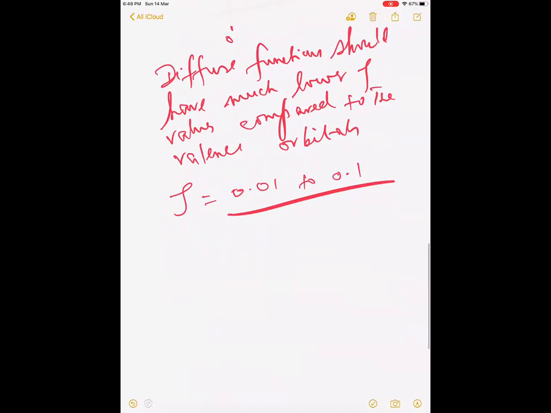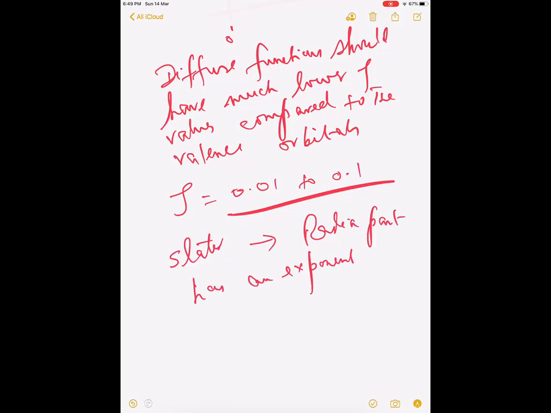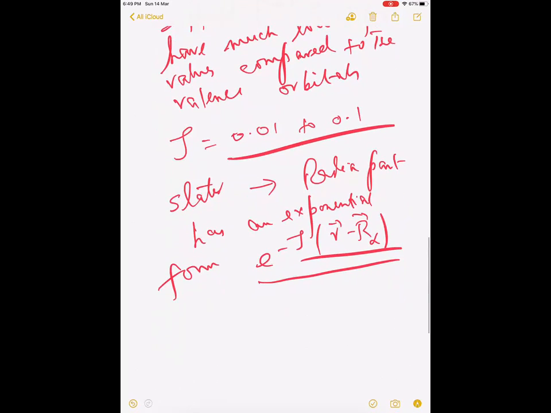I said that whatever we are discussing so far are atomic orbitals, which are called Slater orbitals, whose radial part, of course there's an angular part, has an exponential form, which is exponential minus zeta r minus the coordinate of the atom. Of course, there are other things, but the exponential form really appears like this.